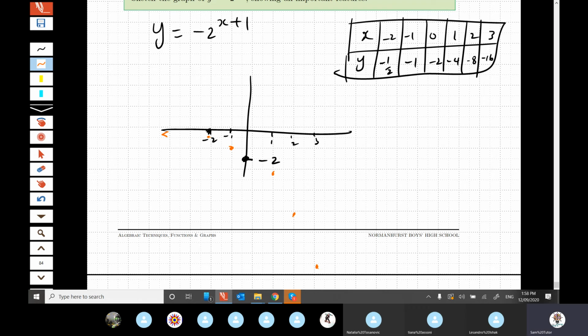And then if you're not sure if it's going to cut through, if it's going to cut through, that would have an x-intercept, correct? An x-intercept meaning y equals 0. So 0 equals -2 to the x plus 1.